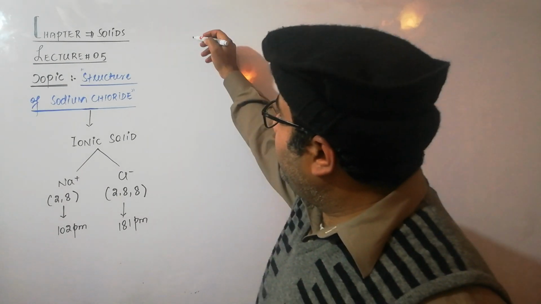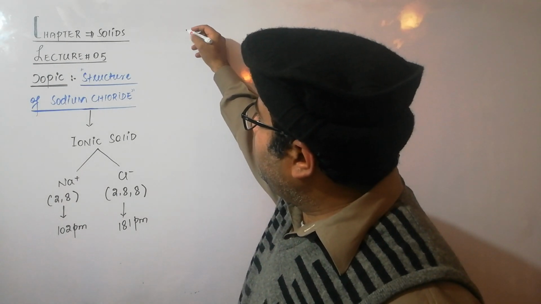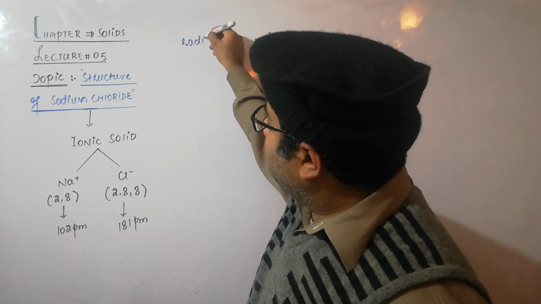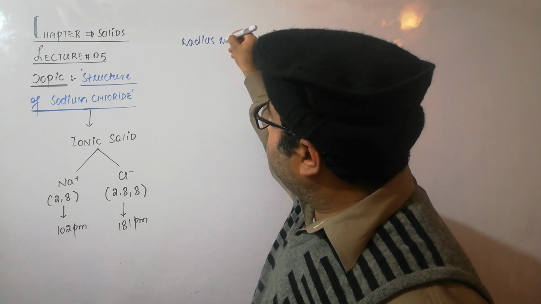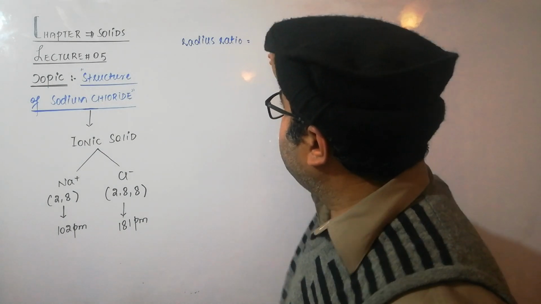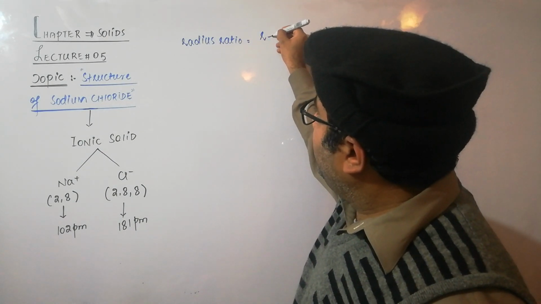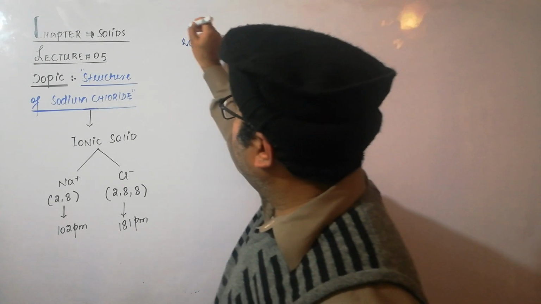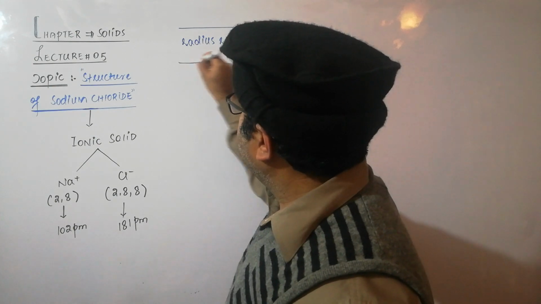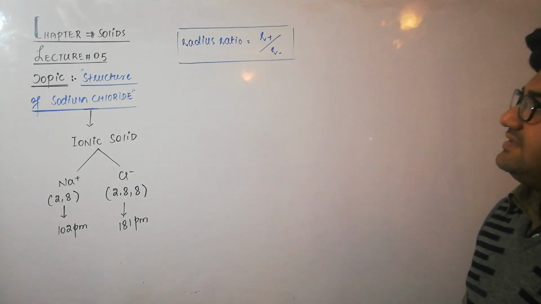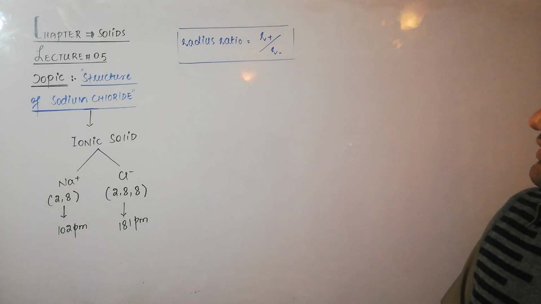Now the structure of any ionic solid, especially its coordination number, depends upon the radius ratio. And radius ratio is actually the radius of cation divided by radius of anion. So this one is the radius ratio which decides the structure of the ionic solid.